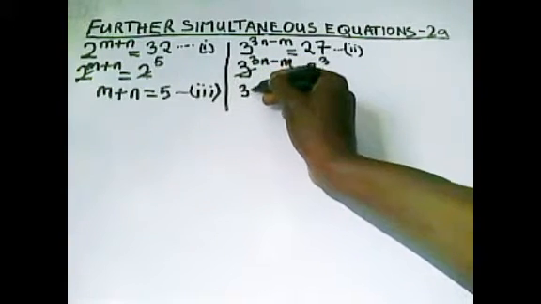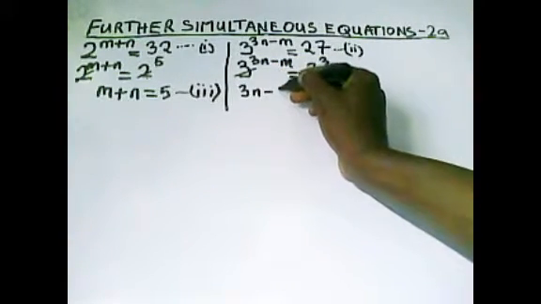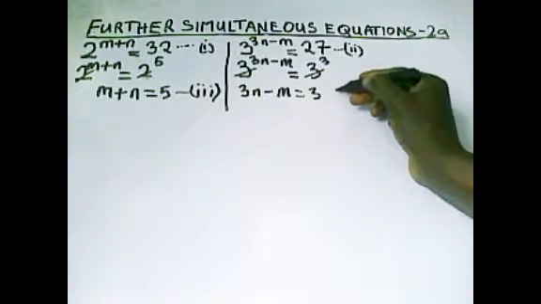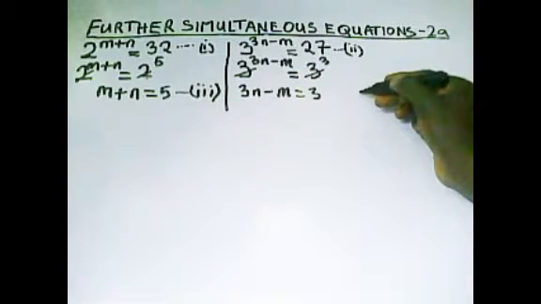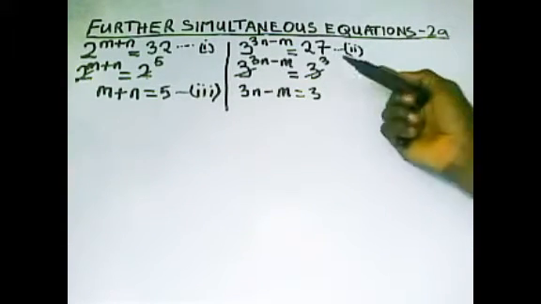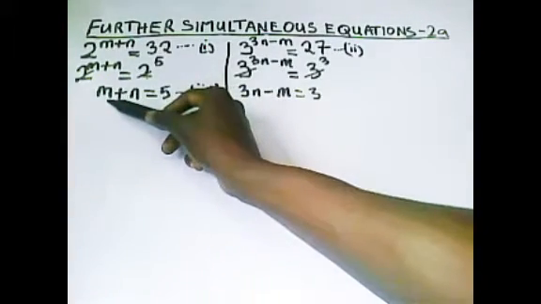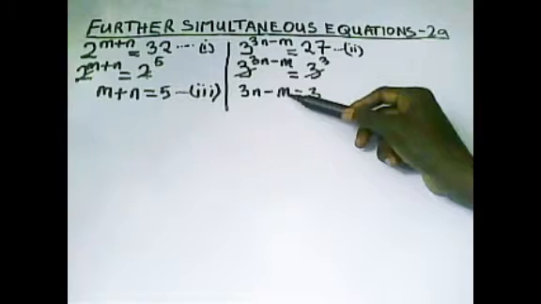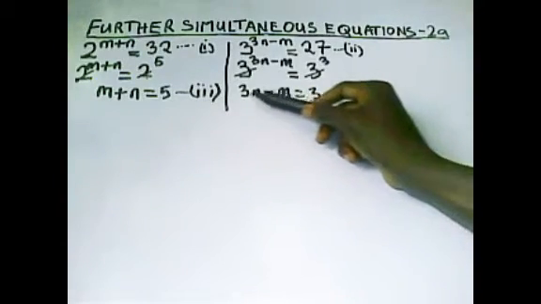There is something we are going to do next. We say 3n minus m equals 3, but we are not instantly going to write equation 4 here. Why? Because we are trying to follow alphabetical order. In the first equation, m comes first before n, while here n comes first before m. So what we are going to do is to interchange these two terms.